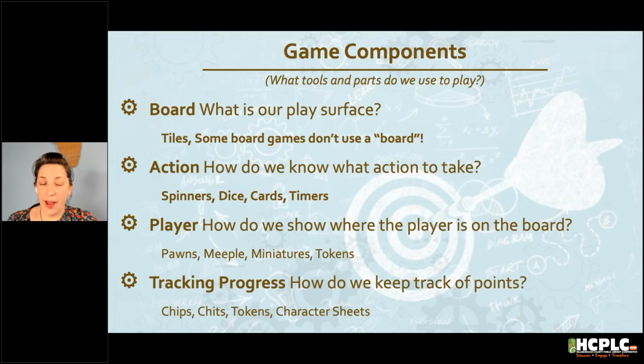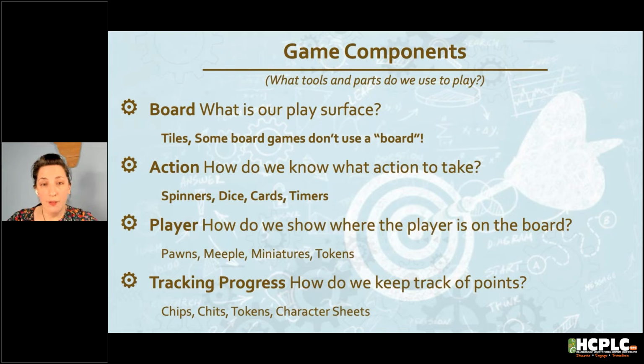And lastly, tracking progress. How are we keeping track of who's winning? How are we keeping track of how many points we have? There's a lot of different ways to do that. Some people will gather those tokens that we used earlier in the game, and you collect those as you go along to indicate how many points you have.